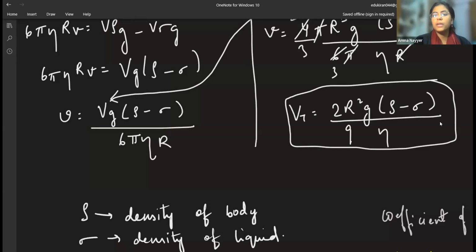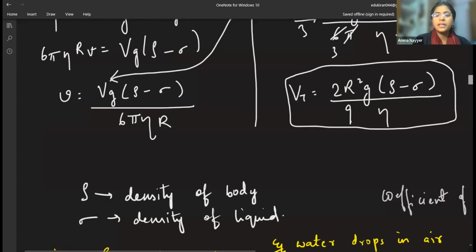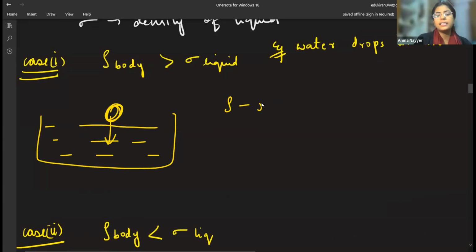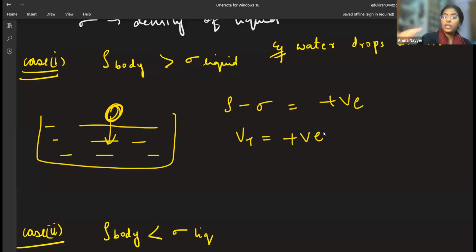Right? So if rho is greater, rho minus sigma will be positive. If rho minus sigma is positive, terminal velocity will also be positive. So if terminal velocity is positive, downwards is supporting, so body will move downwards.